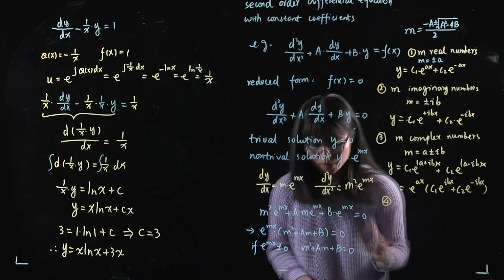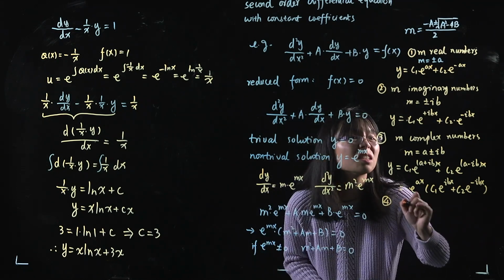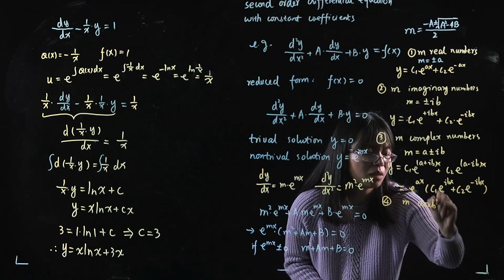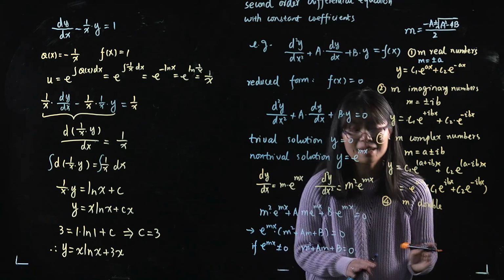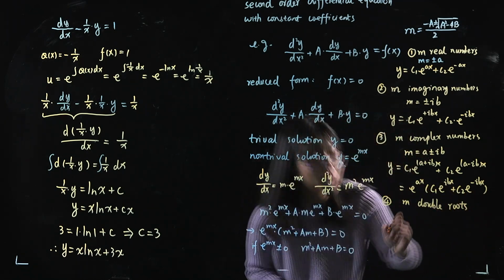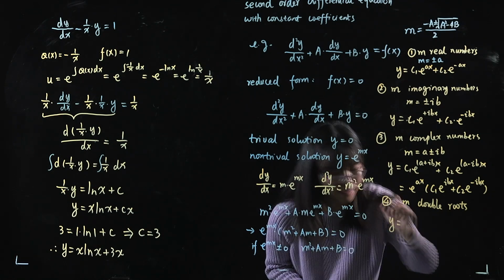The last one is when we have double roots, meaning both roots are exactly the same. In this case, the solution y is slightly different.